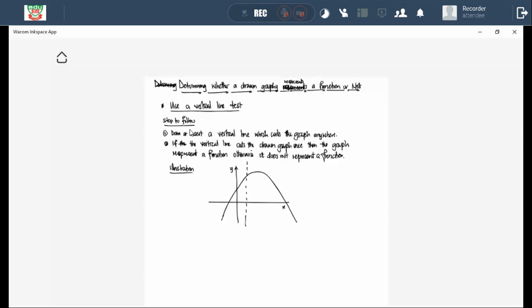How many times does this vertical line cut the graph? It's once. As long as the vertical line cuts the graph once, it means that graph represents a function. That's why we always call parabolas quadratic functions, because they pass the vertical line test. So this is a function.